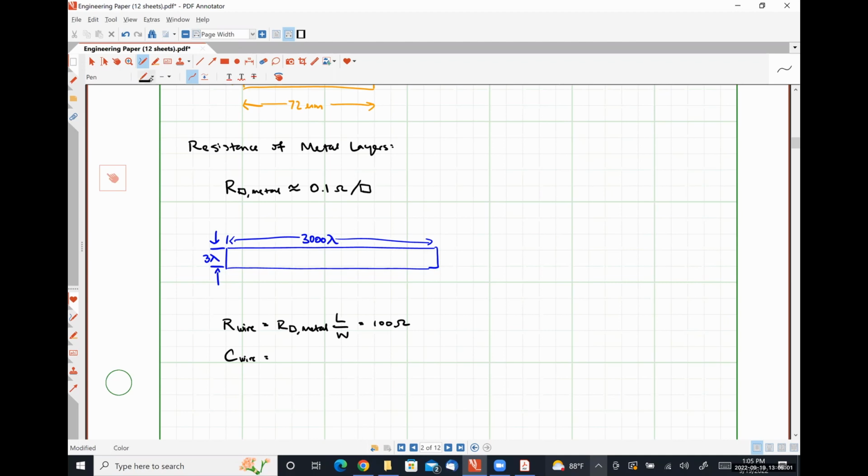So what we're about to show you, I'm going to draw a little picture here of just the end of the thing. So we have our substrate. We have that initial interlayer dielectric.